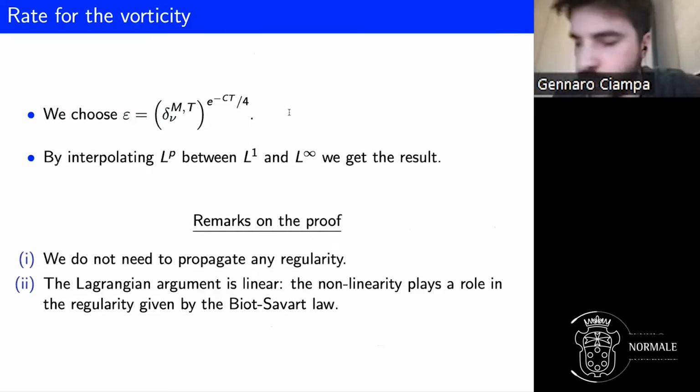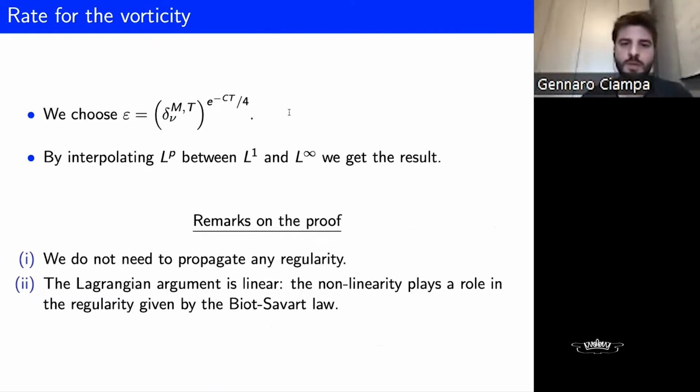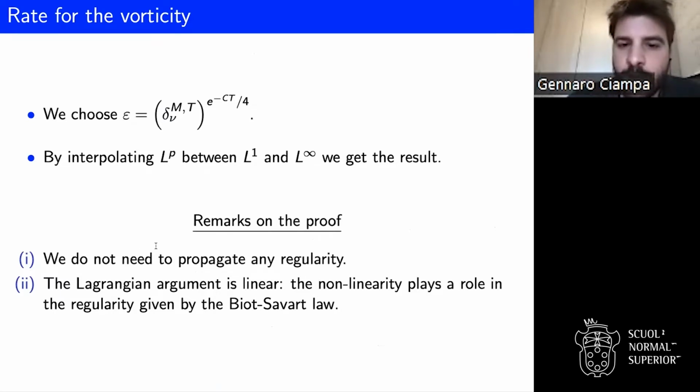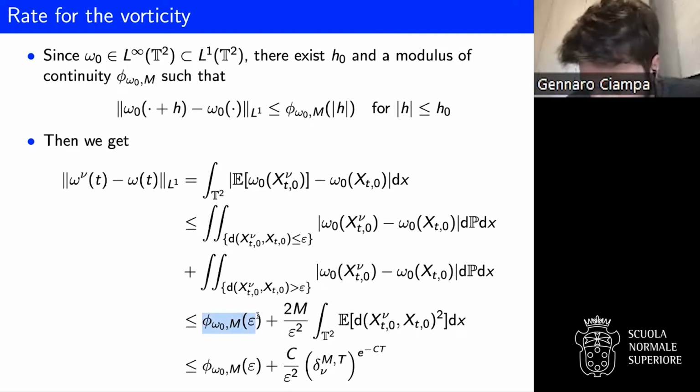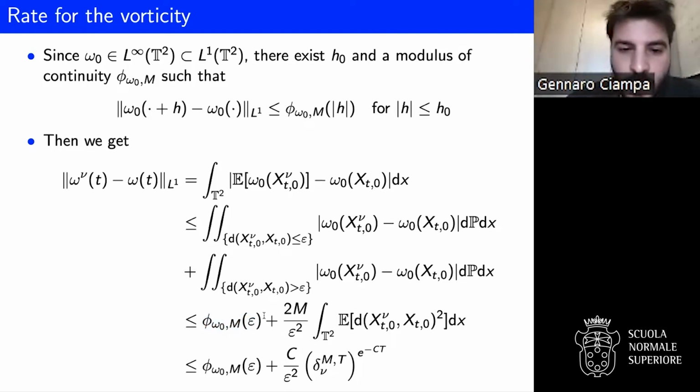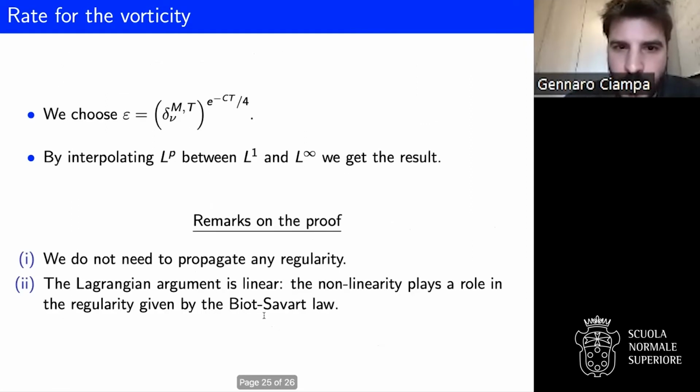Okay, so let me finish with just two remarks on the proof. As you already saw, we didn't need to propagate any regularity, relying on this modulus of continuity, but of course we don't improve the rate of convergence. It is very similar because it's a double exponential, but we don't really improve it.